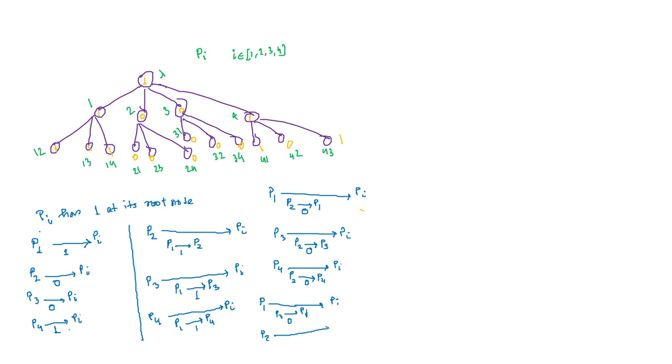P2 tells P1 that P3 told P2 that its initial value is 0, and P4 tells P1 that P3 told P4 that P3's initial value is 0.